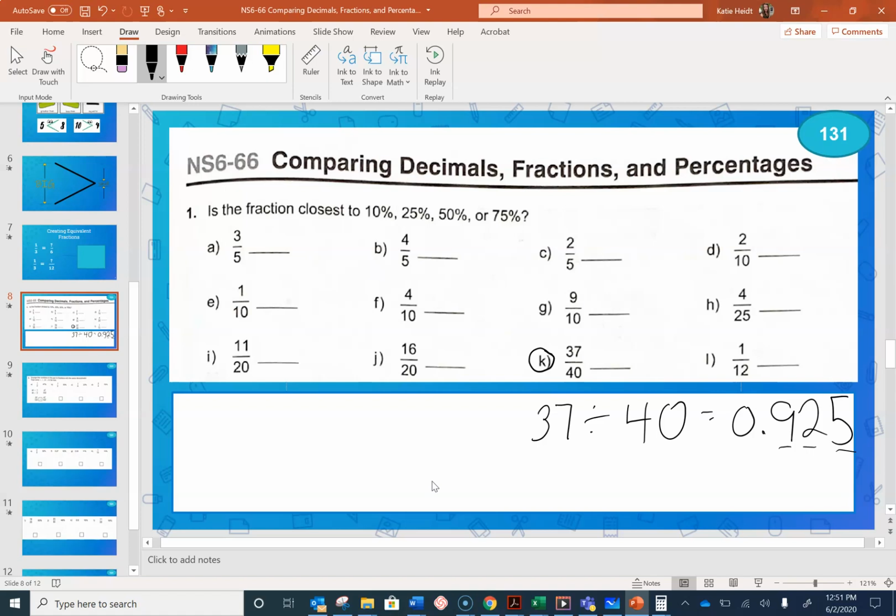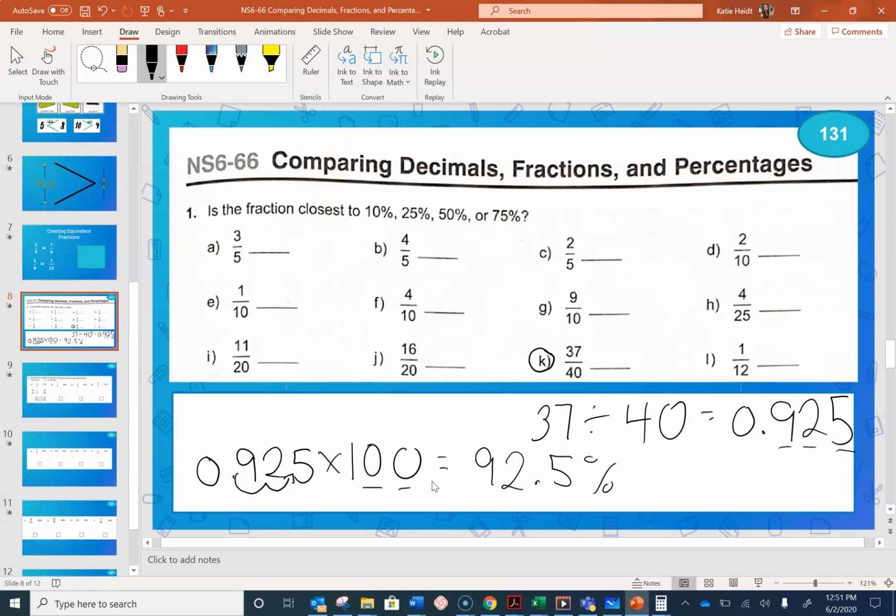And we can multiply this by 100 to change that to a percent. So to multiply by 100, we notice that there are 2 zeros, and we move the decimal place 2 spots, and we have 92.5%.